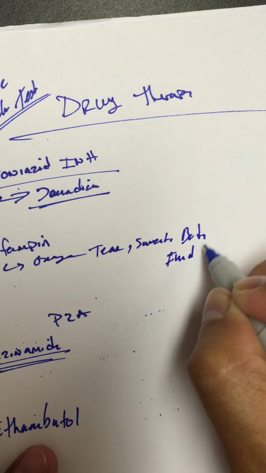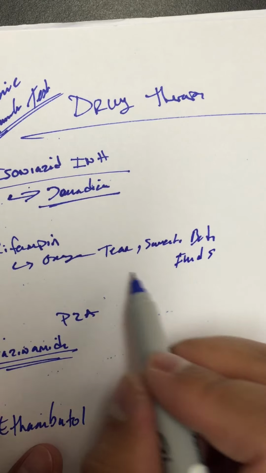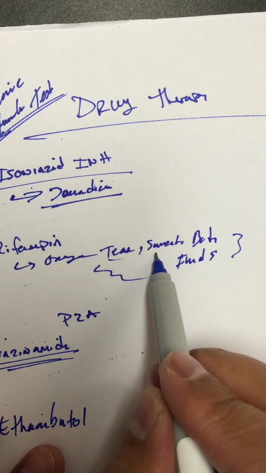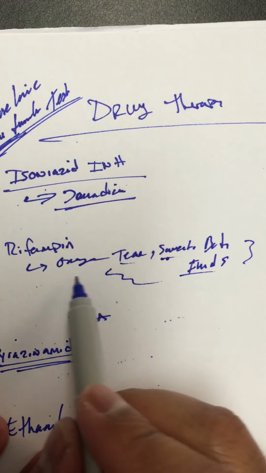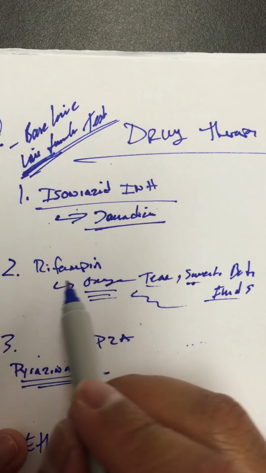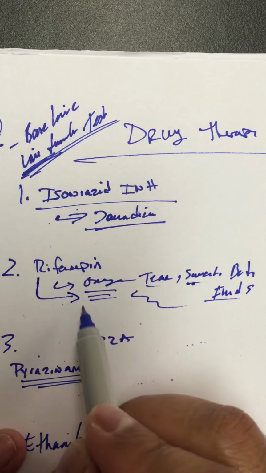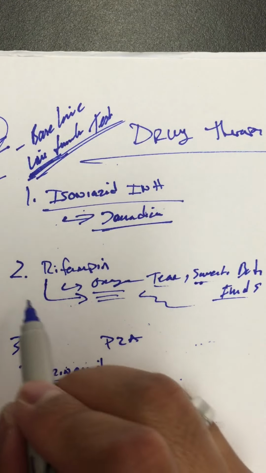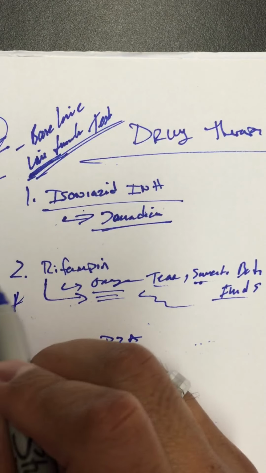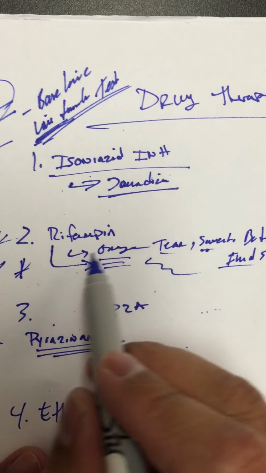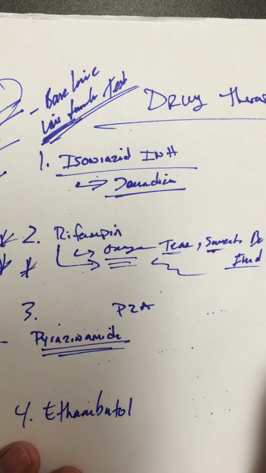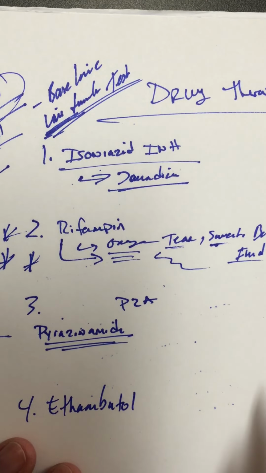So again, if they show up to your office and they're scared because their tears or their sweat or their body fluids appear orange, well, that's one of the side effects of rifampin. So make sure you let them know that, otherwise they're going to freak out on you. Okay, so that is a big one for rifampin. Make sure you know that for the NCLEX exam, that this causes an orange coloring of the tears, sweat, body fluids.